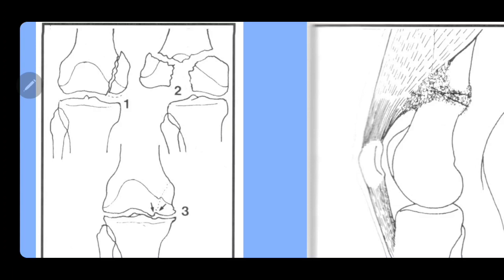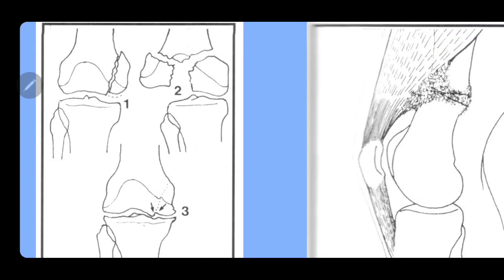Of course, this will affect significantly the treatment and outcome. As for fractures that are involving the joint surface, first of all, we should achieve precise reduction. Otherwise, further development of osteoarthritis is very common.